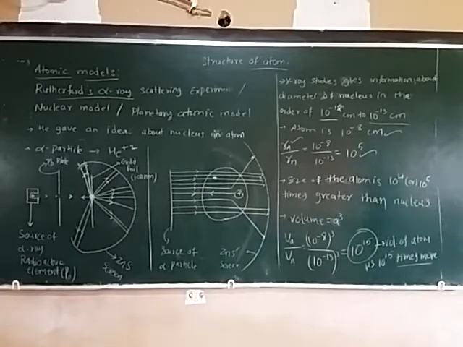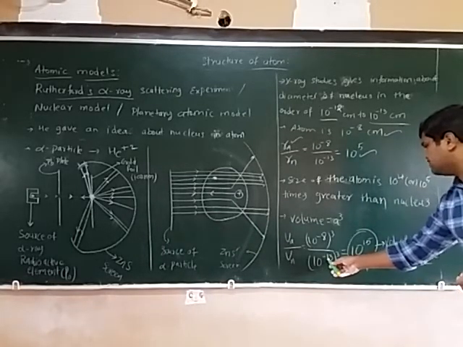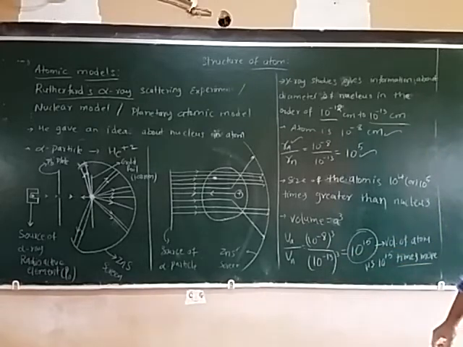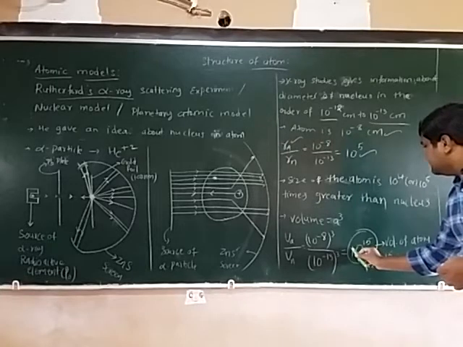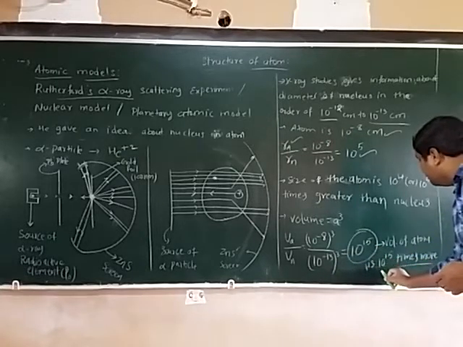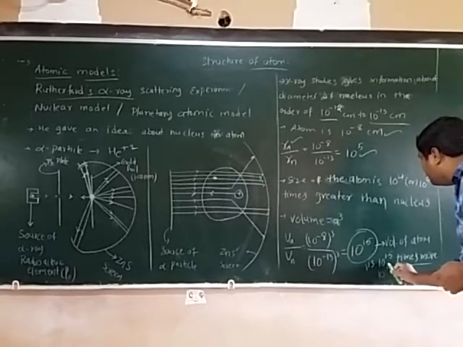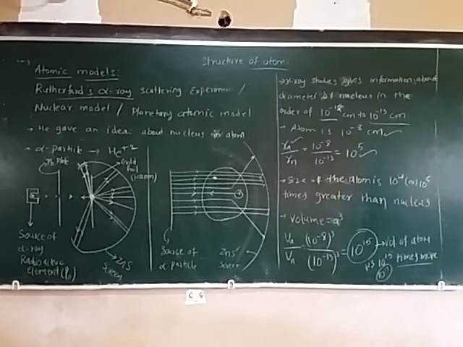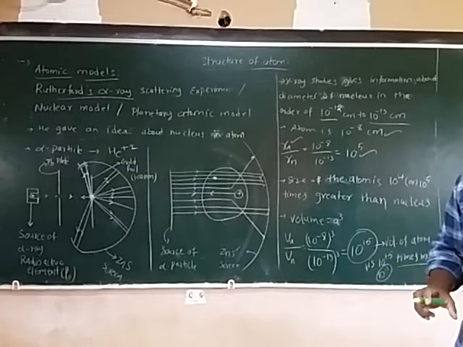Is it clear? Suppose you take 10 to the power of minus 12, then you will get 10 to the power of 12. So the volume of the atom is 10 to the power of 15 or 10 to the power of 12 times more than the volume of the nucleus.